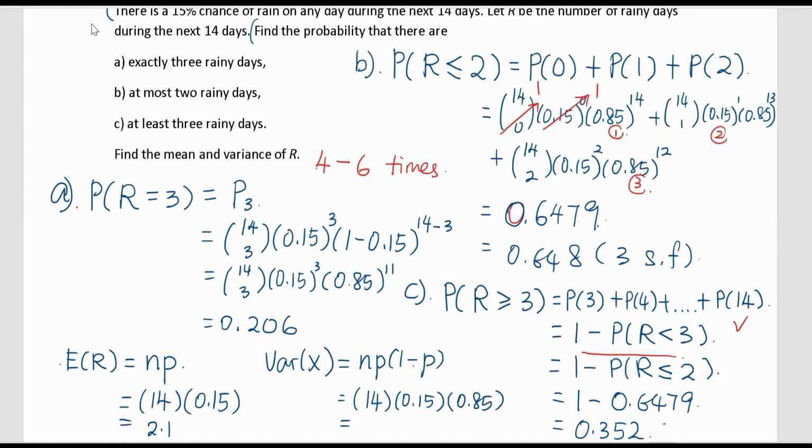So the variance is 1.785. If rounded to 3 SF, 1.79. So we found the mean and the variance for this binomial distribution using the simple formulas that are given in your MF19 formula list.